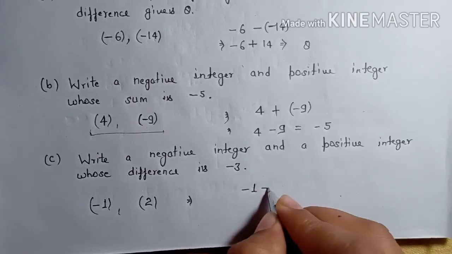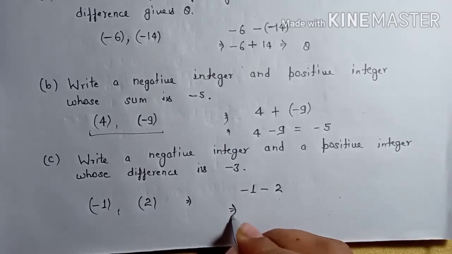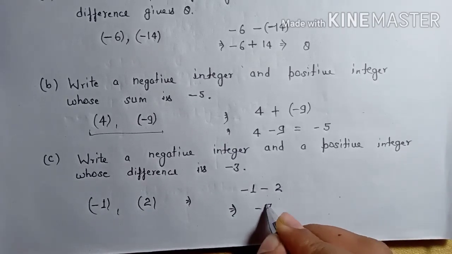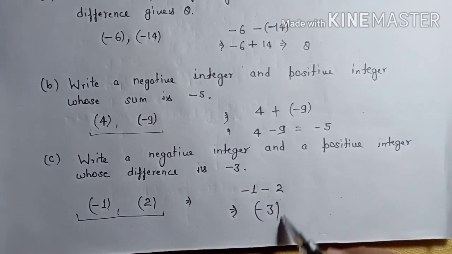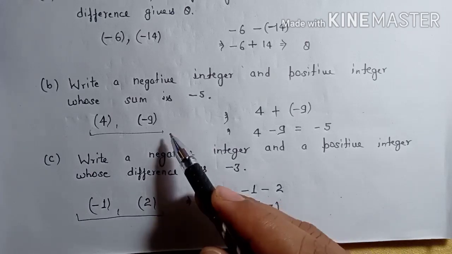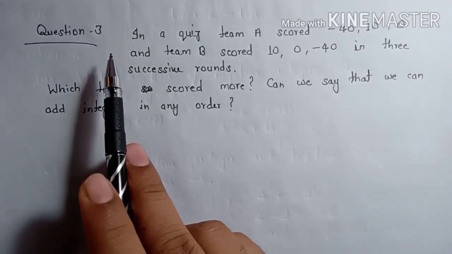We have to subtract 2 from minus 1 and our result is minus 3. Yes, so you can see we subtracted these two integers and the result is as required, that is minus 3. So yes, this is the pair and that is our result. So do this in your rough copy and do not draw this line, that is here just to explain this thing to you.